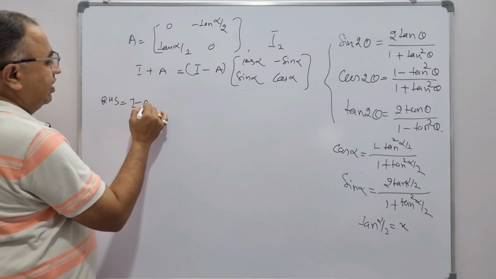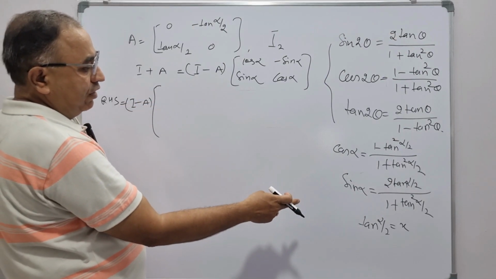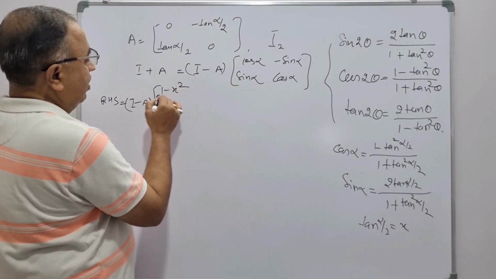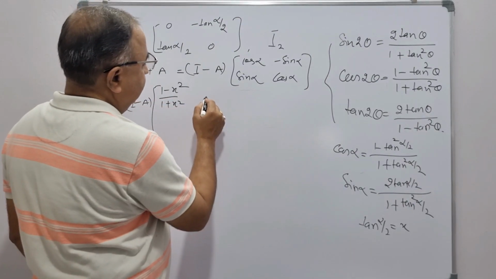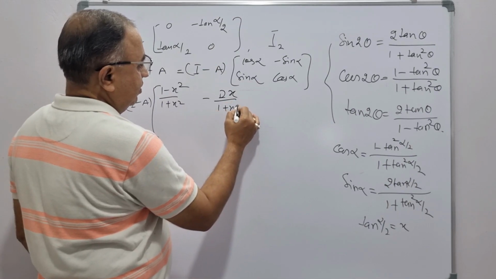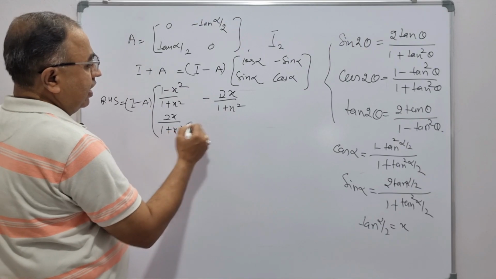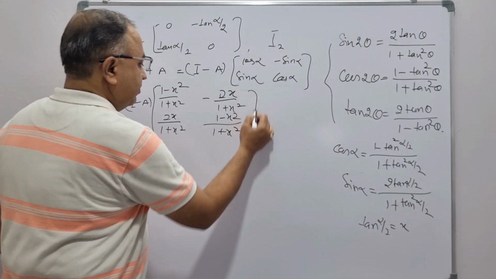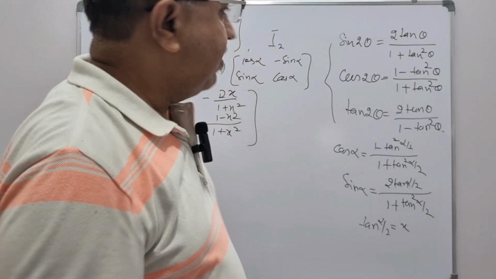It is I minus A, and with these two formulas taking tan alpha by 2 as x here, what will be cos alpha? 1 minus x square upon 1 plus x square, minus sin alpha, so 2x upon 1 plus x square. Again sin alpha is 2x upon 1 plus x square, and cos alpha is 1 minus x square upon 1 plus x square. I think it is clear. What we assume is tan alpha by 2 as x.